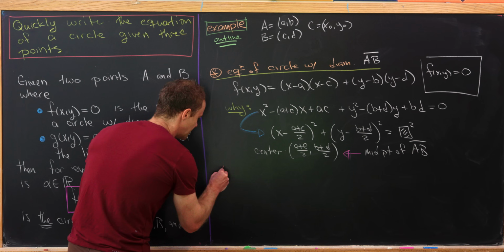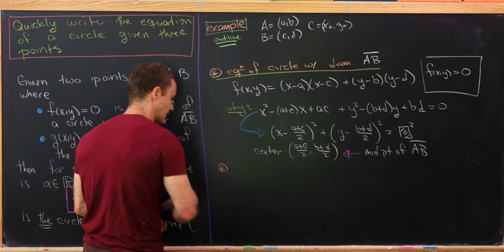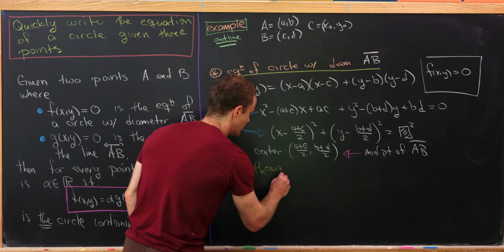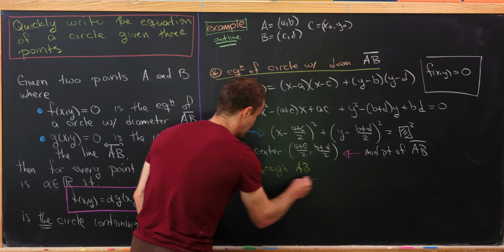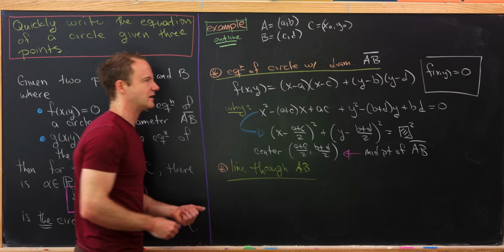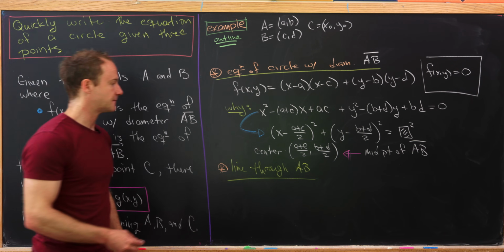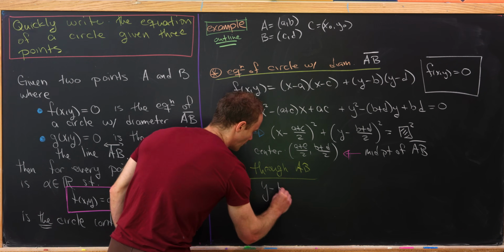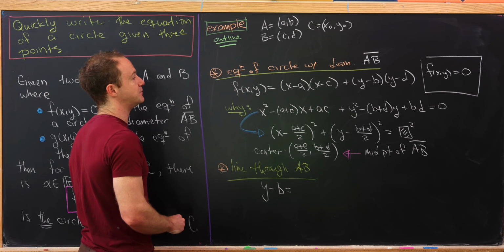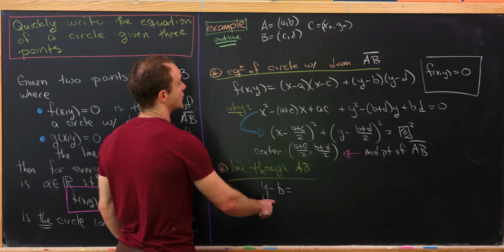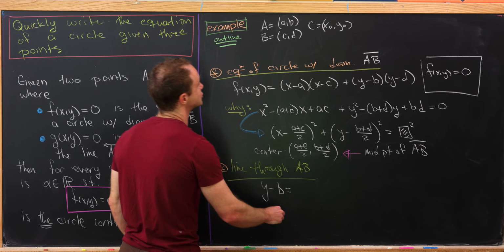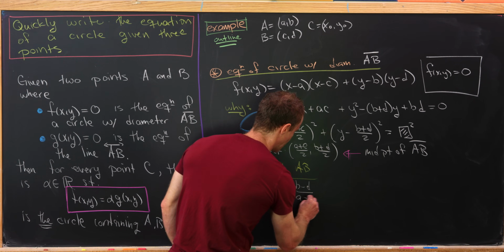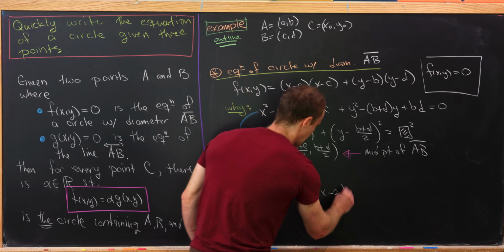Okay, good. Now let's look at the next part here, and that would be the line through AB, or maybe the line which is line AB. So here we can do this as y minus the y part of one point, let's use b, equals slope. So slope will be change of y over change of x. So that'll be b minus d over a minus c times x minus the x part of a point.